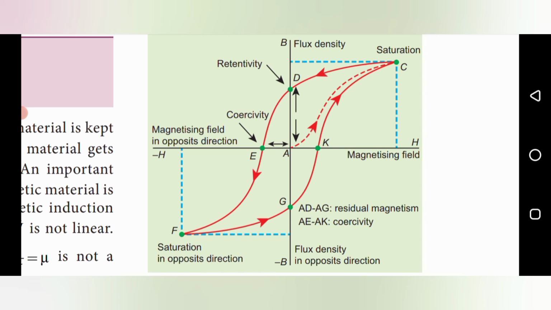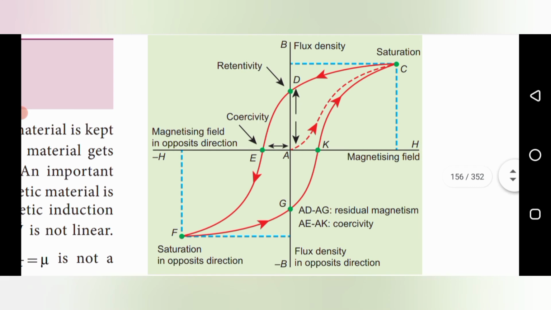It is reduced but does not come back to the original position; it creates another path, from C to D. Slowly it decreases. When the magnetizing field value H is equal to 0, it attains E.